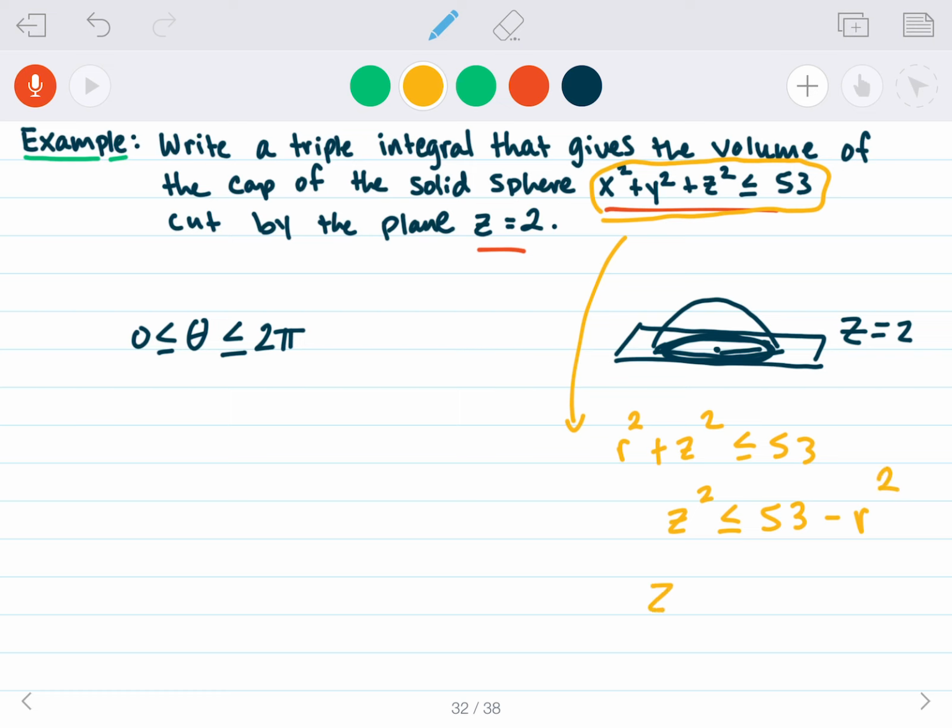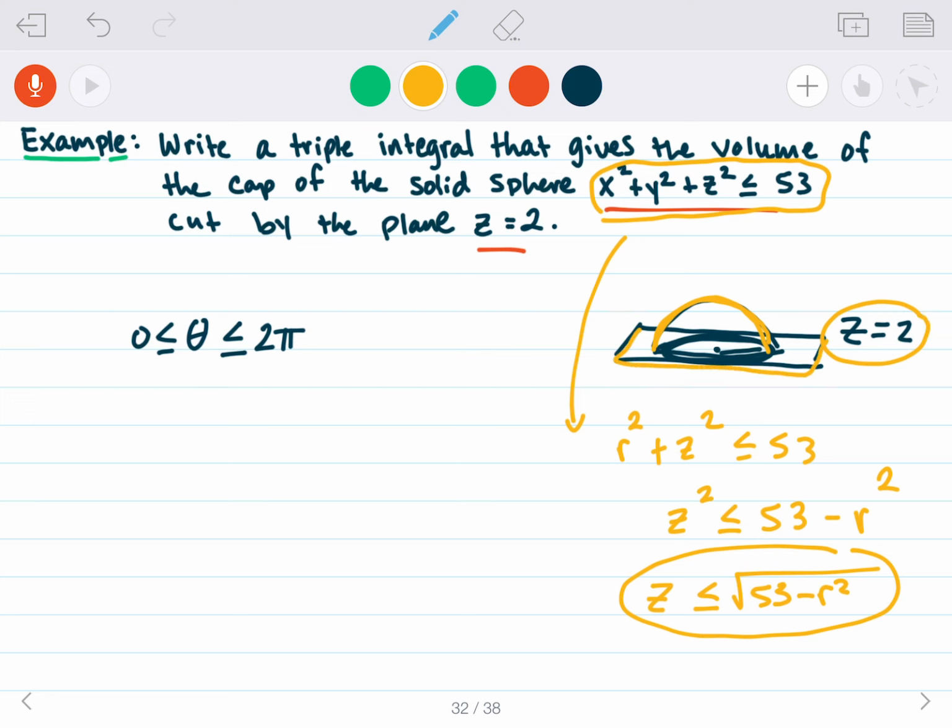Taking the square root, I get z is less than or equal to the positive square root of 53 minus r squared, because we're concerned with the top half of the sphere, so we're not going to take the negative square root here. All right, so this is the upper bound. It says z is less than or equal to that, and the lower bound is going to be z equals 2.